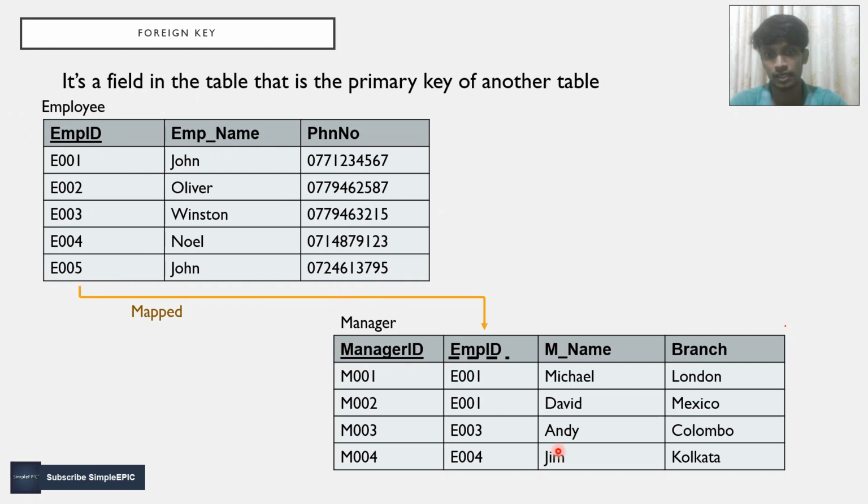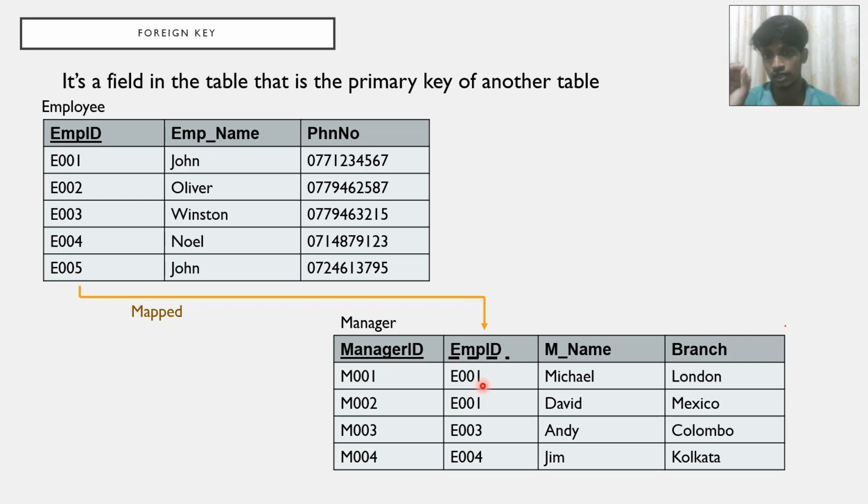But in the manager table, employee ID will not exist, because employee ID is a foreign key that we initialized in order to make a relationship in between the employee table and the manager table. If in the initial state there is no relationship in between these tables, employee ID will not exist in this manager table. So the manager table attributes will be manager ID, manager name and branch.